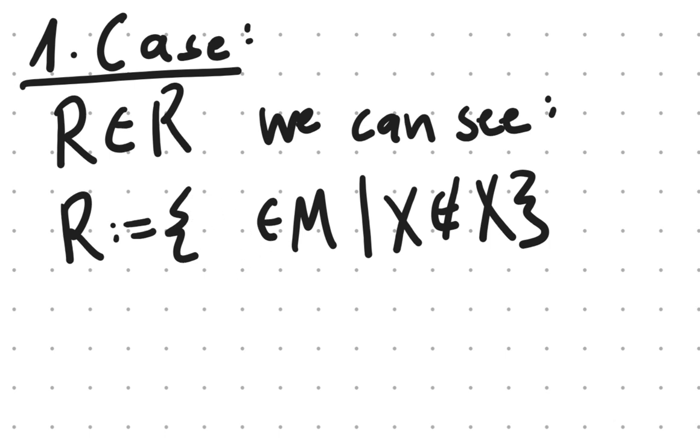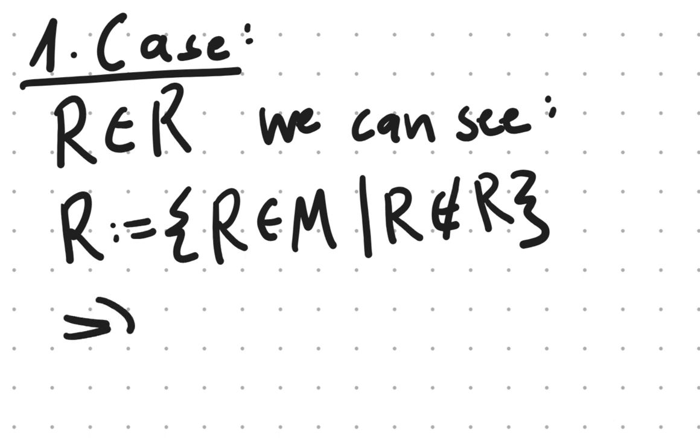So since the rest set is an element of M, which states that the rest set is not an element of itself, it implies that the rest set is not an element of the rest set. Okay, the second case, so the rest set doesn't contain itself. That is what I want to say.